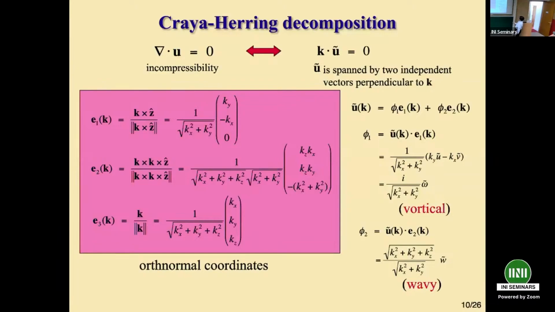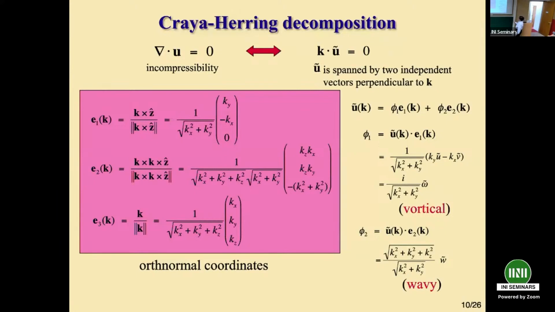And to analyze the velocity field, we decompose it into the so-called Craya-Herring decomposition. It's explained simply like this. Incompressibility means the divergence of velocity is 0, which means in k space, the u Fourier component is perpendicular to the k vector.